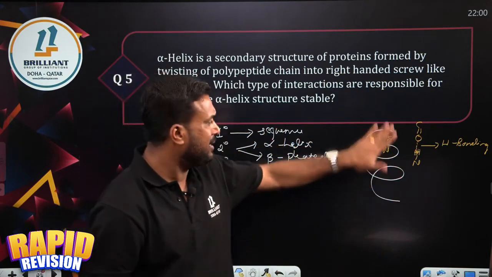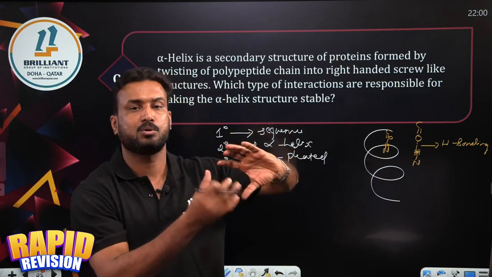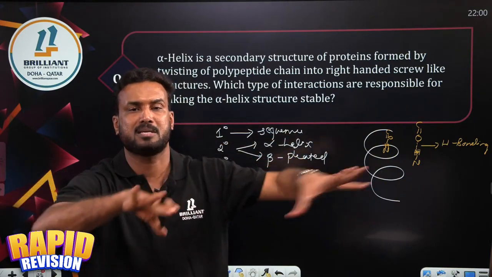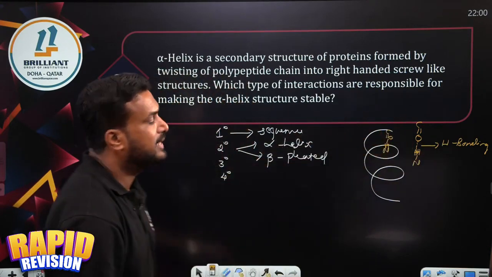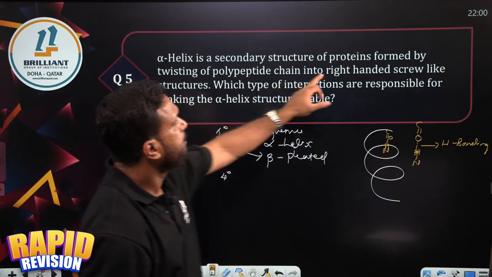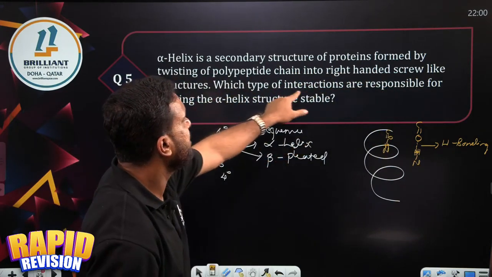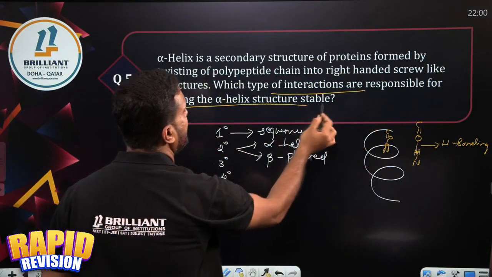Beta pleated is instead of this right-handed coiled or staircase-like structure, stretched out to a maximum extension. That's called beta pleated. Here the correct answer is hydrogen bond. Which type of interactions are responsible for making the alpha helix structure stable?